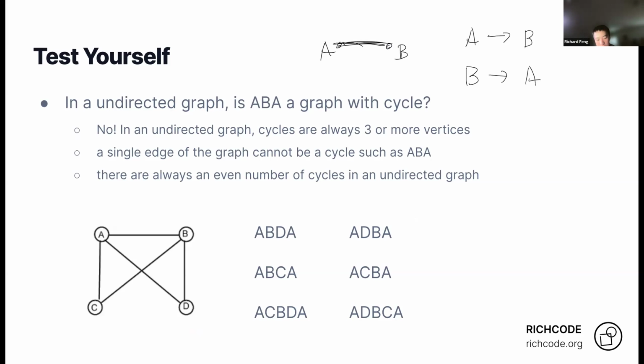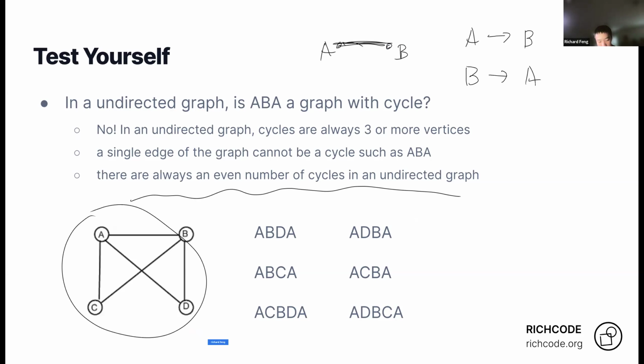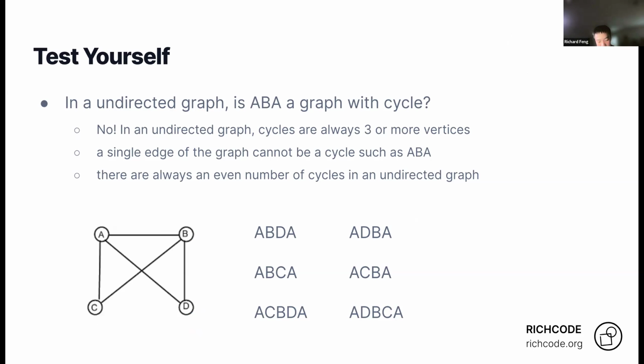Another observation is that there's always an even number of cycles in an undirected graph. For example, over here, ABDA and ADBA are a pair. So we can go forwards and backwards. And then ABCA and ACBA are the same.